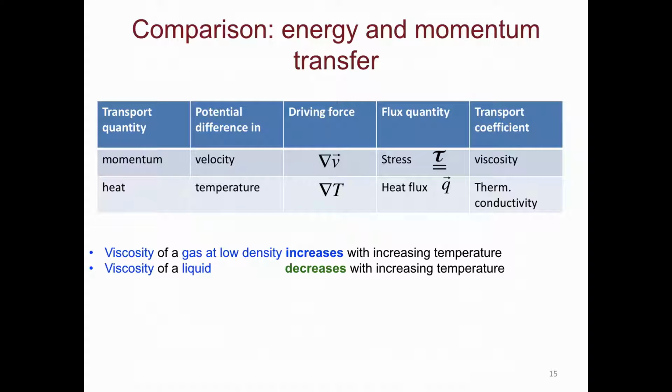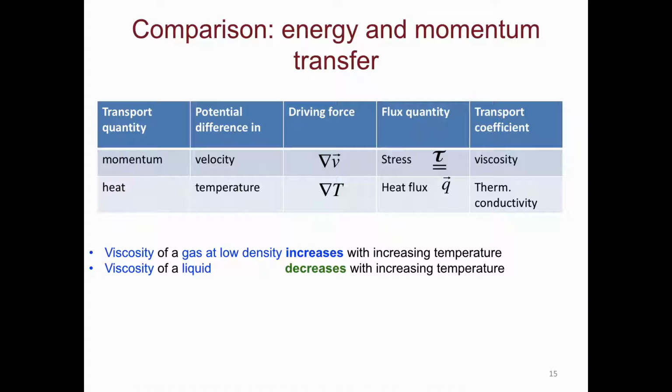Now, let's just quickly compare to what we know already. So we had momentum transfer, and our transport quantity was momentum, rho v, if I'm looking at the momentum density, or just mv. And the potential difference was that in velocities. And velocity in itself was a vector. As a vector quantity, it's much more complex to look at the differences in velocities.